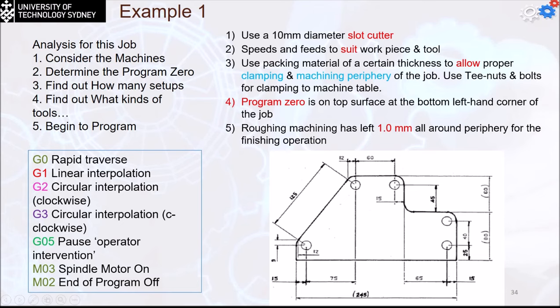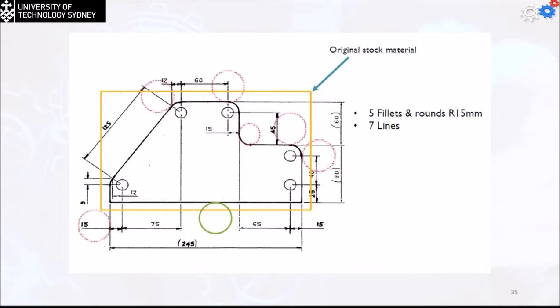The program 0 is always going to be at the top surface at the bottom left hand corner of the job. The roughing machine has left 1 millimeter, as we said, all around the periphery for the finishing operation. So the yellow one is the original stock material. We have removed most of the material. The only thing left is 1 millimeter above these dimensions, and that's what we have to remove. Analyze the work.